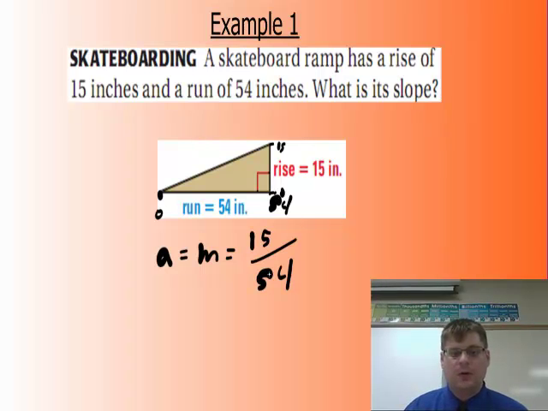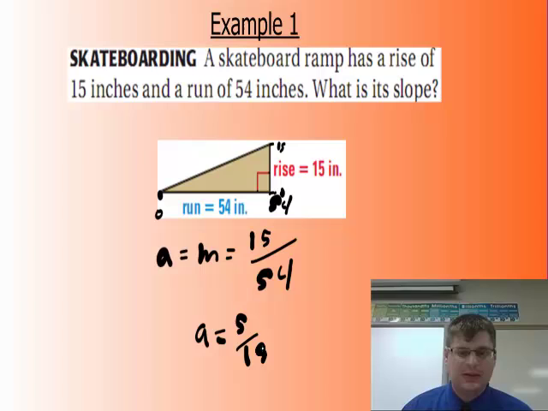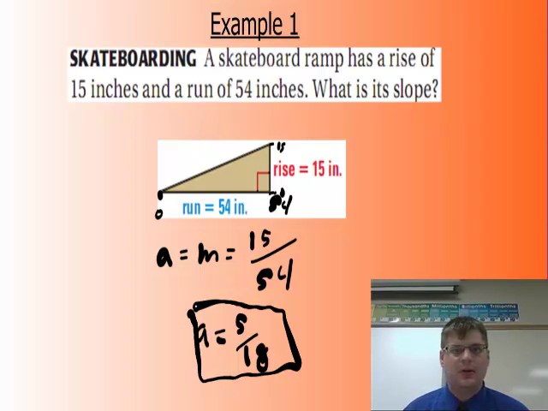So 15 over 54. I'm going to stick with a here, and I can reduce that to 5/18. So my slope in simplified form is 5 over 18. That is an ugly 18, but there it is. Okay, cool.